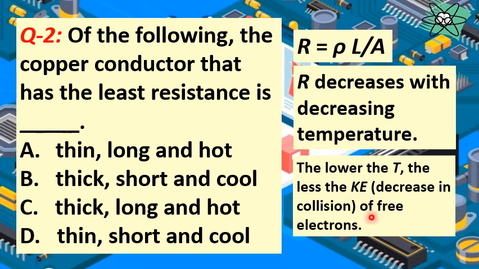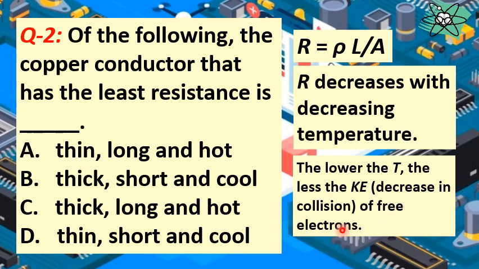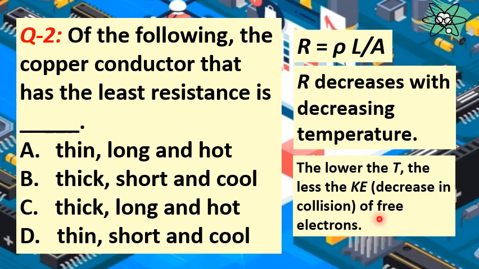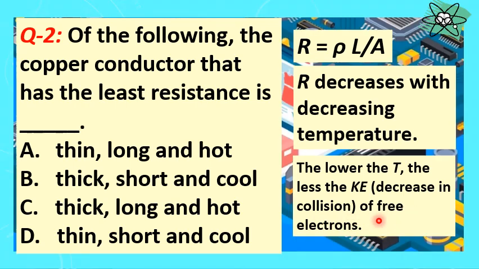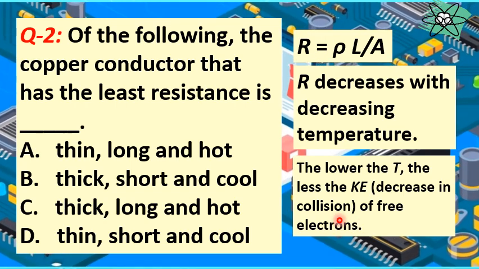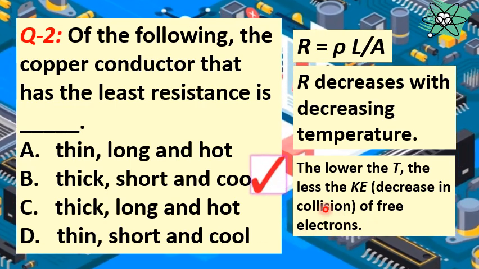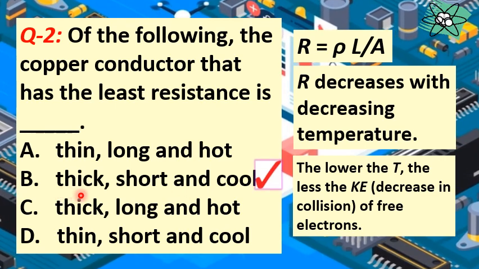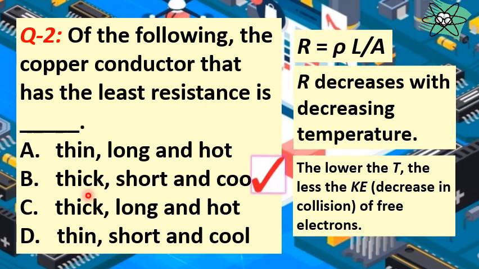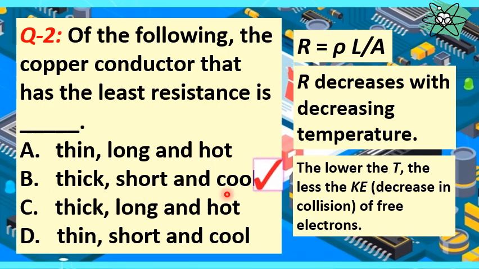So that means there is a decrease in the collision of these free electrons with the atoms or ions in the material. So that makes our answer for question number 2 option letter B. That means the copper conductor would have the least resistance if it is thick, short, and cool.